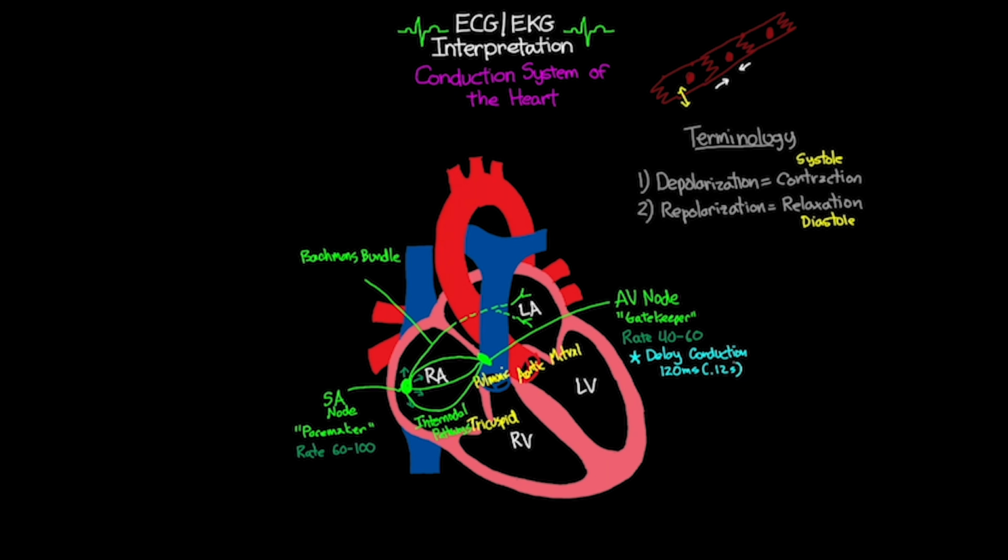And it's pretty amazing that this happens, because by having this little bit of delay, it prevents the atria and the ventricles from really working against each other, and it keeps that blood moving in the right direction, first from the atria to the ventricle, and then from the ventricle out to either the lungs or the rest of the body. And so really, without this delay, this flow of blood wouldn't work. And so after we've had this delay, the AV node is going to pass that depolarization down into something that we call the bundle of His.